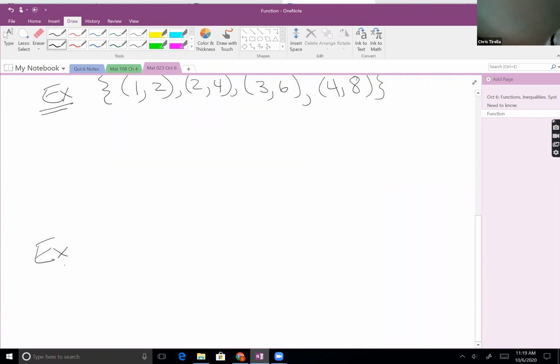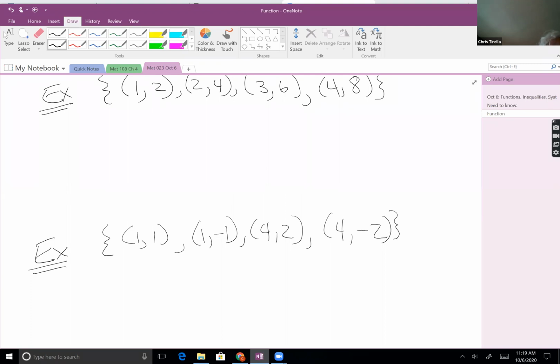And one more example, actually 2 more examples. Let's look at (1, 1), (1, -1), (4, 2), (4, -2). And that would be another relation, another set of ordered pairs.